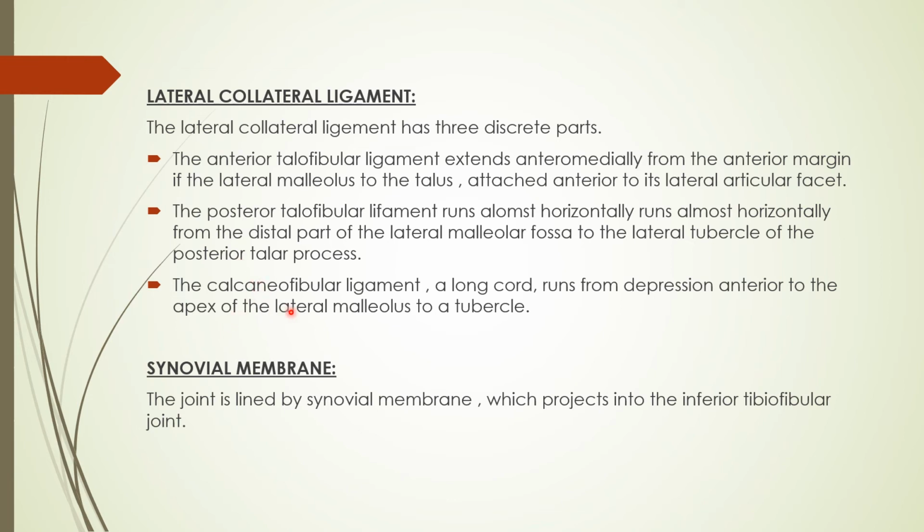The calcaneofibular ligament, a long cord, runs from the depression, or malleolar fossa, anterior to the apex of the lateral malleolus to a tubercle. The joint is lined by synovial membrane, which projects into the inferior tibiofibular joint.